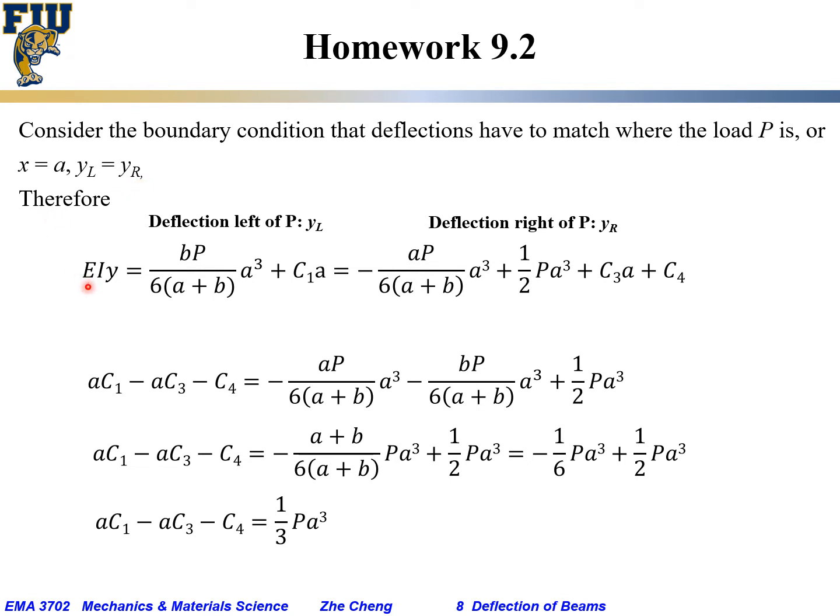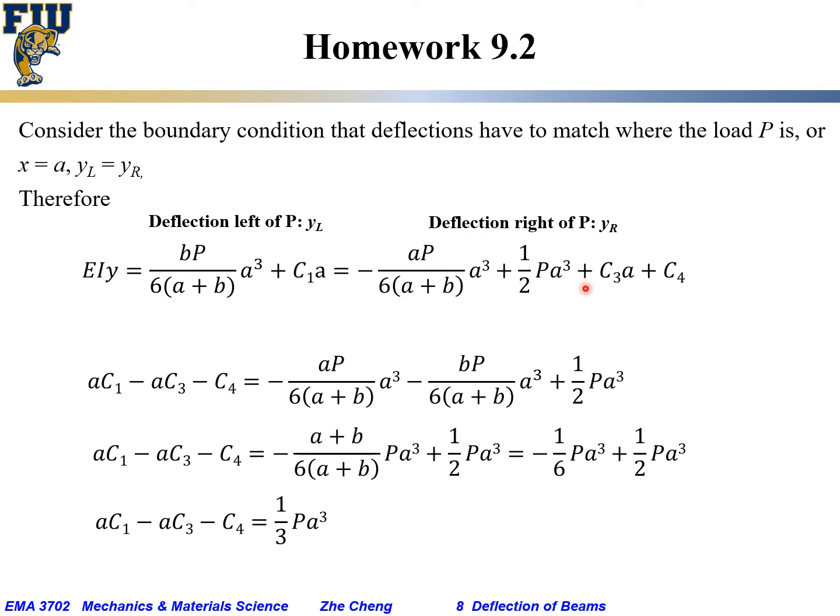So from previous, we would have EIY equals the left side would be BP over 6 times (A plus B), A cubed plus C1A, equals the right side deflection: minus AP over 6 times (A plus B), A cubed plus half of PA cubed plus C3A plus C4. Okay, so the left side has to match the right side deflection.